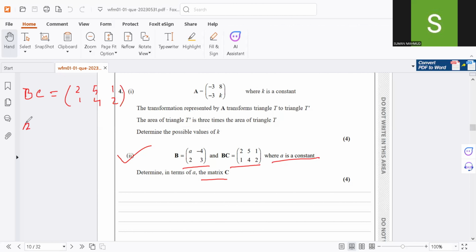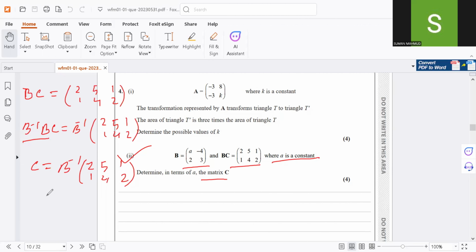Multiply both sides by B inverse: B inverse BC equals B inverse times that matrix. B inverse B cancels out, so C equals B inverse times (2 1; 5 4; 1 2). Now at first we have to find B inverse. We know the determinant of B is 3a plus 8.